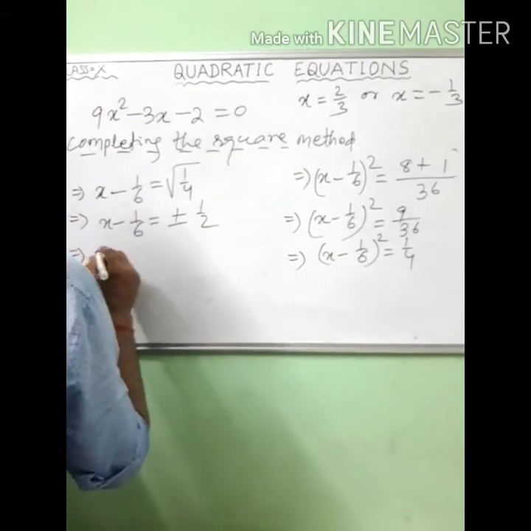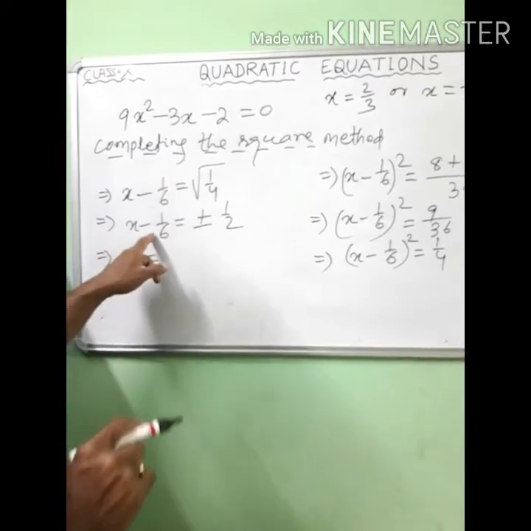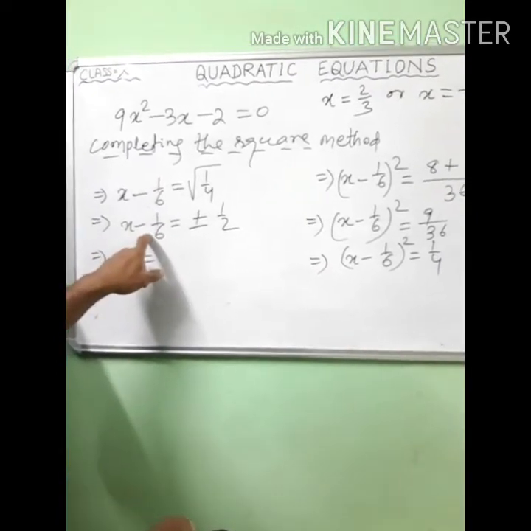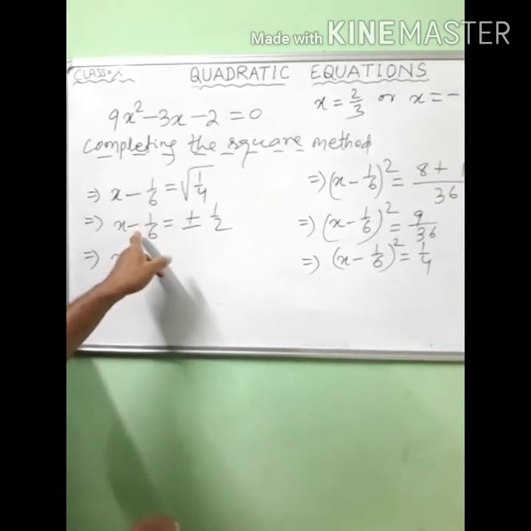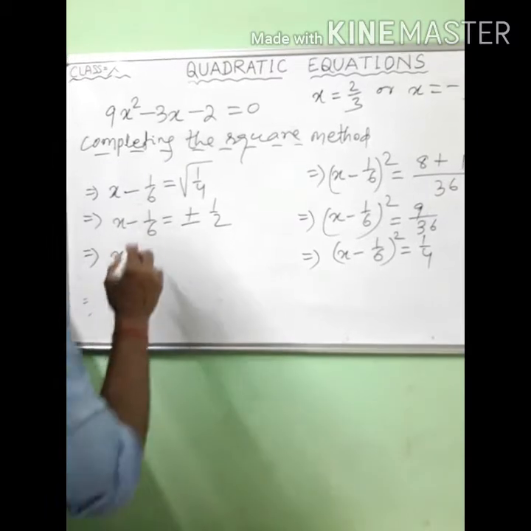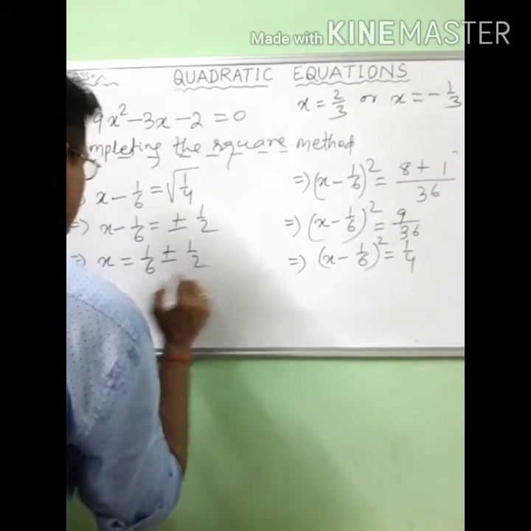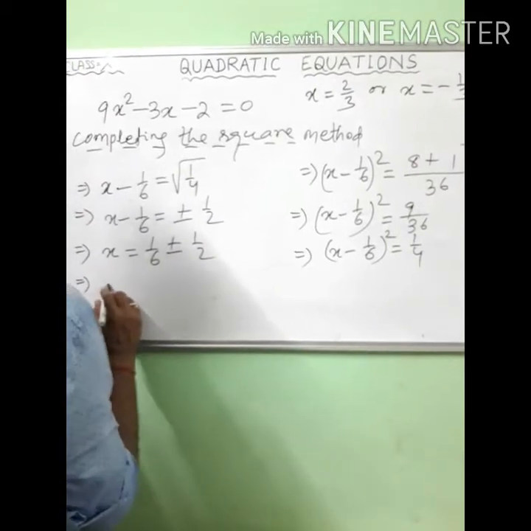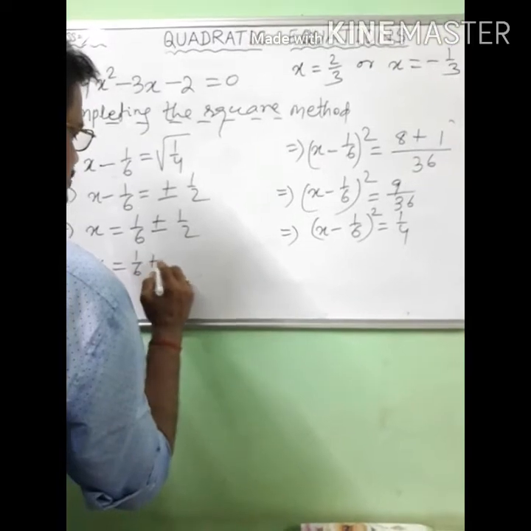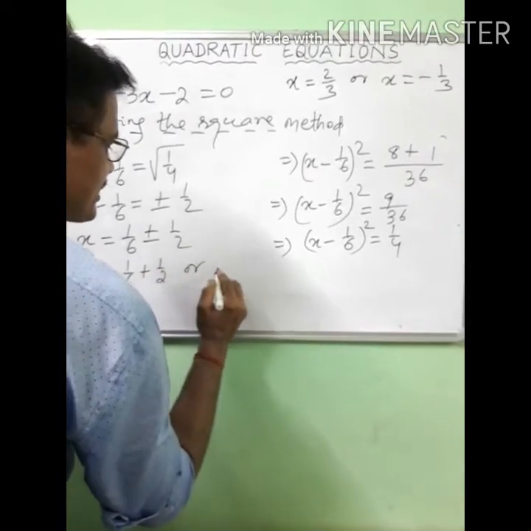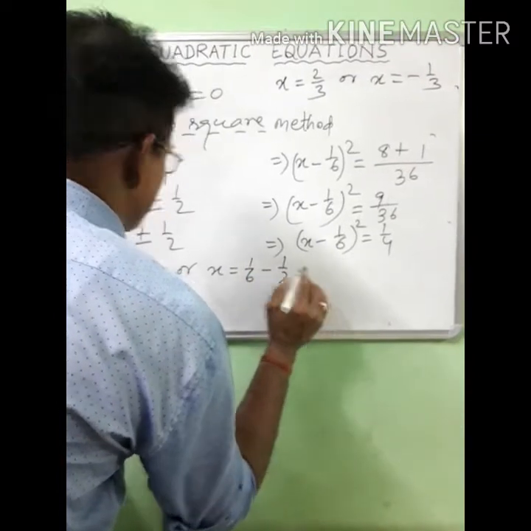So x is equal to, here on the left side minus 1 by 6 will go to the right side, that will be plus 1 by 6. So plus 1 by 6 plus minus 1 by 2. So here x is equal to 1 by 6 plus 1 by 2, or x is equal to 1 by 6 minus 1 by 2.